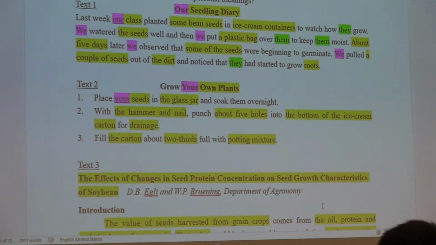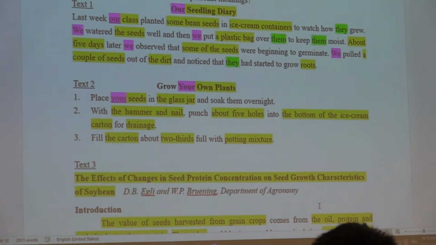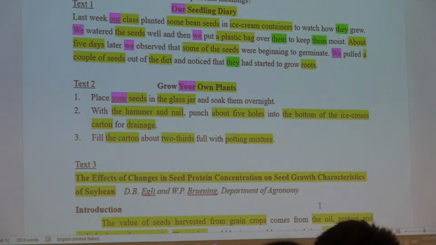Okay, then how about the other noun phrases? How can you describe them? Like seeds, glass, ice cream containers, a plastic bag, some of the seeds, a couple of seeds, the dirt. What kind of nouns are there?